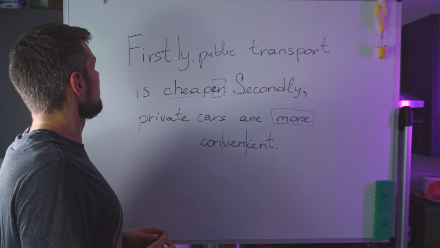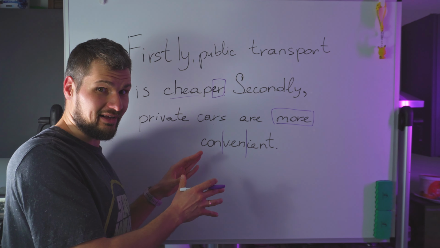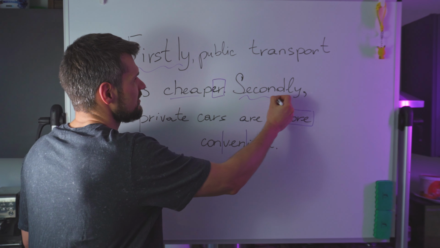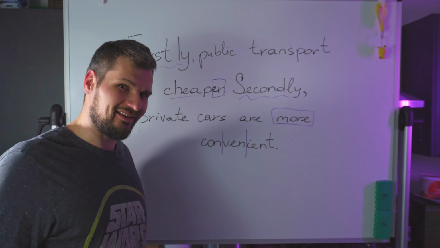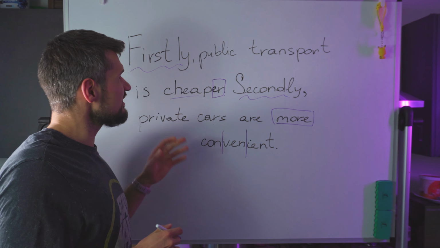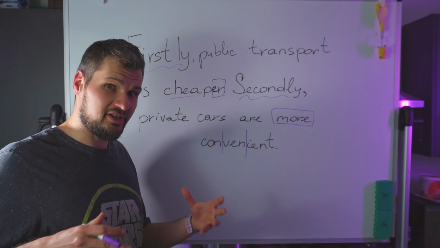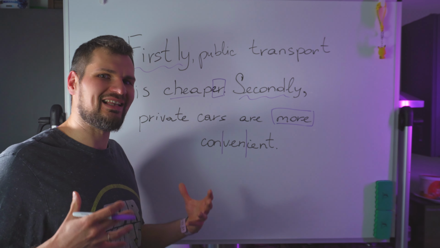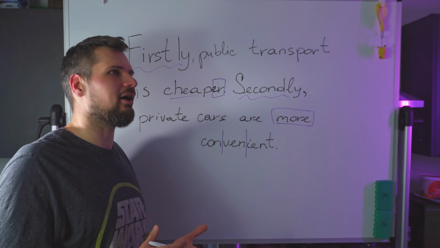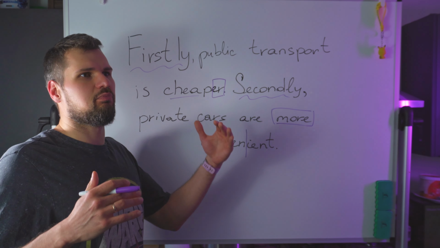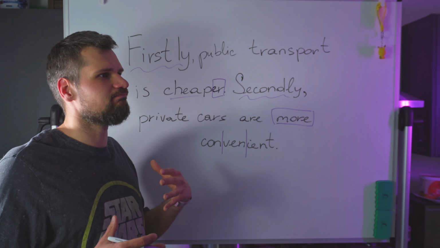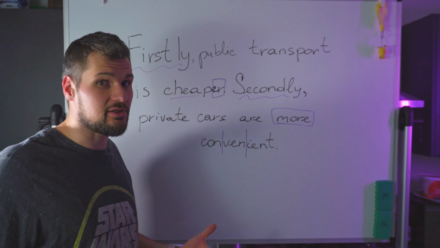Okay? Now, everything is correct, but look at these words, firstly and secondly. These are sequencing markers. They're part of the sequencing language. And we use sequencing language when we talk about priorities, or when we try to explain processes or consequences.